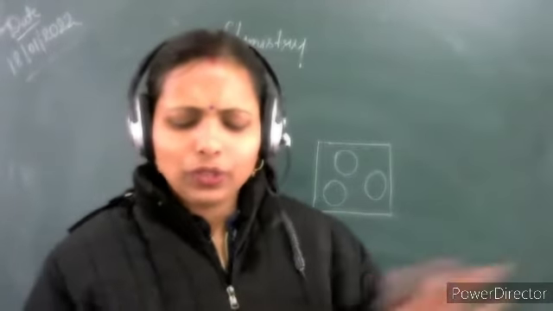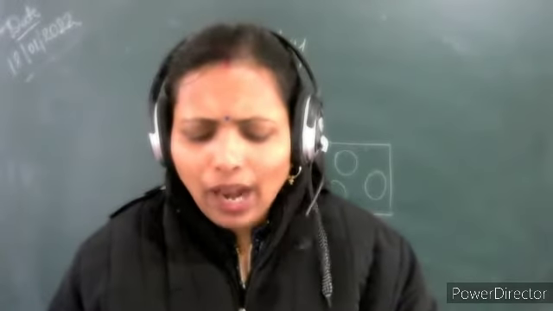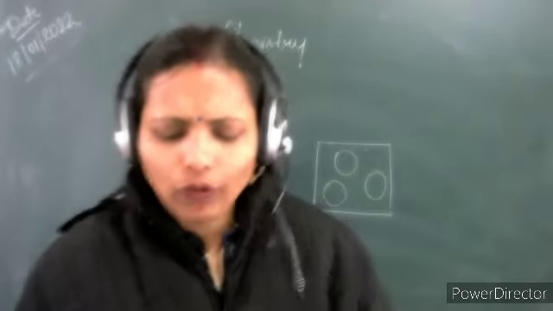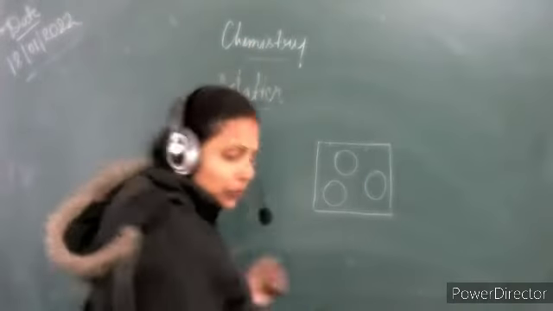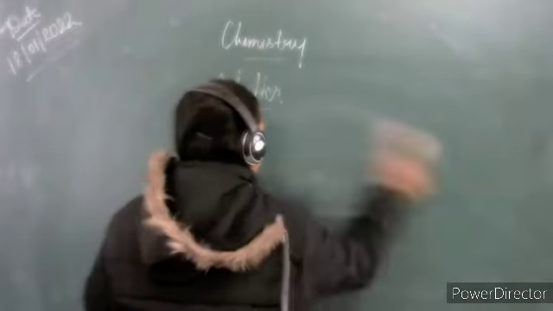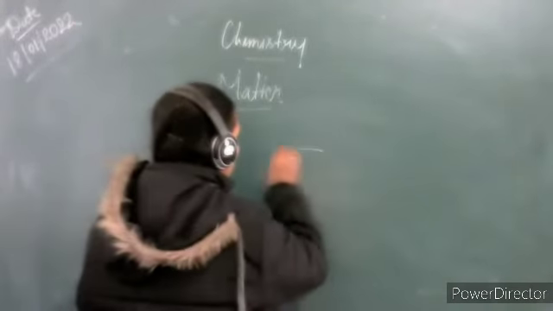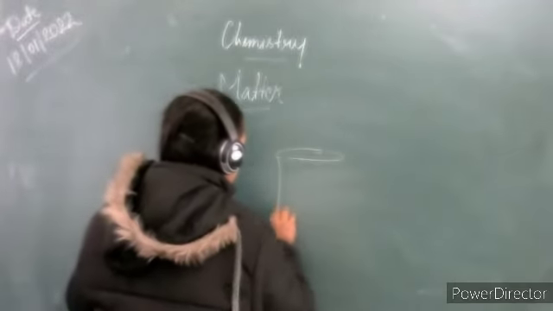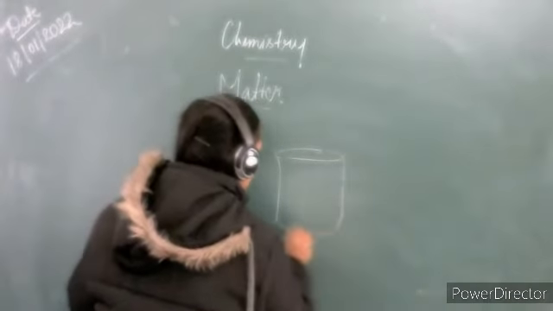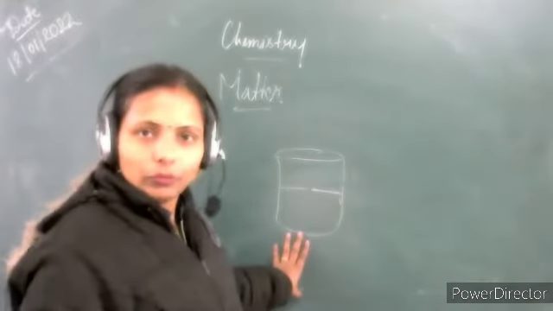Just for a simple example, look here. A flat bottom flask, a conical flask, a beaker. If we keep this liquid in a beaker, it will take the shape of that beaker.